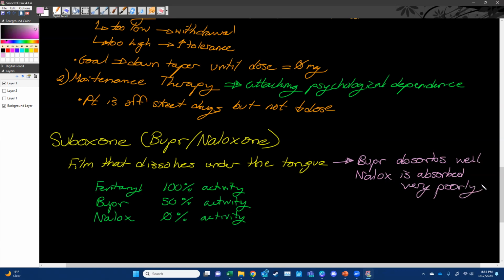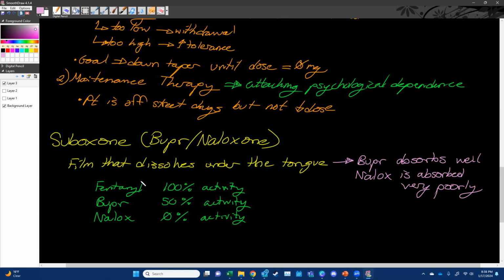So in this film, we're able to administer the buprenorphine, it's able to get into the body, but none of the naloxone is getting into the body as well. Great. So that means that we are able to have the buprenorphine do its thing.